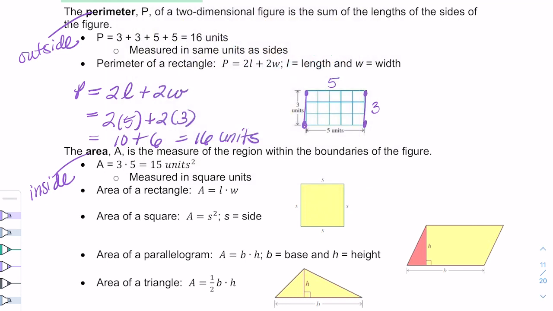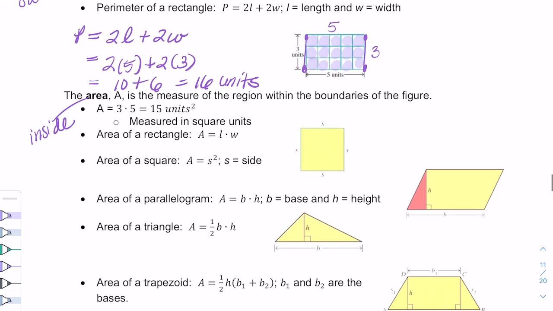So in this case, you could count. You've got three squares, plus another 3 is 6, plus another 3 is 9, 12, 15. Or you could just multiply length times width. So 3 times 5 is 15, and we label area in square units. So it's 15 units squared.